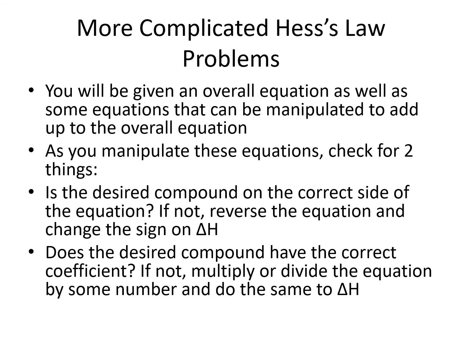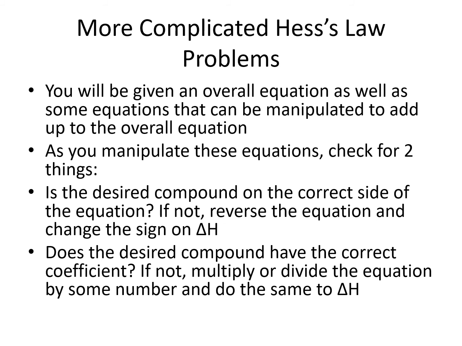So we're going to be doing some more complicated Hess's law problems that have multiple steps. We'll have some overall equation that we're trying to build and some steps that we're going to use to build it. We're going to manipulate those steps if they're not in the correct form. We're going to be checking for two things to be true for each of our steps.